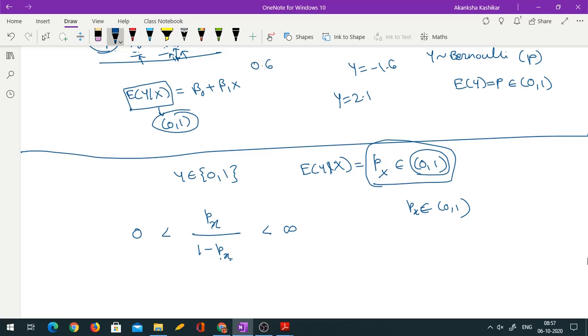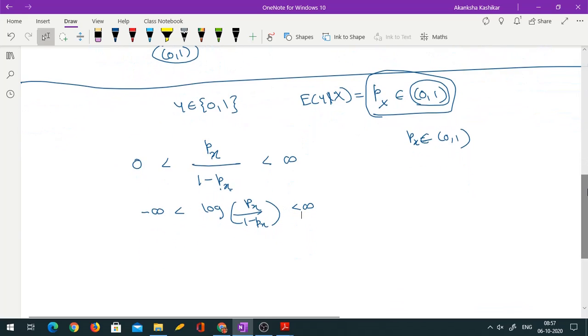Now I am in 0 to infinity, and from there I still want to go one step further, to minus infinity to infinity, because I want to cover the negative part also. So if I take log, I get log of p(x) upon 1 minus p(x) to be between minus infinity and infinity, and this is what we like, because this is the setup in which we are comfortable.